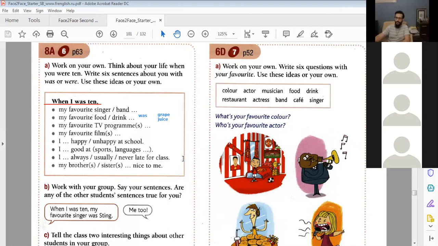When I was 10, my favorite food was chicken. Very nice.